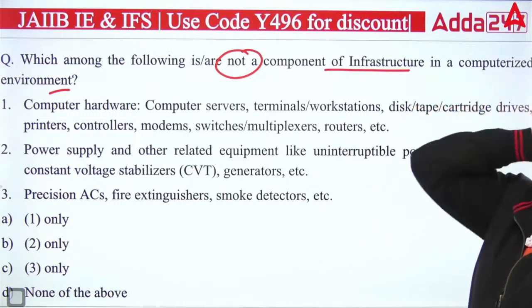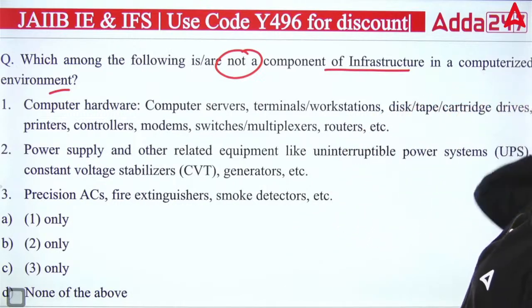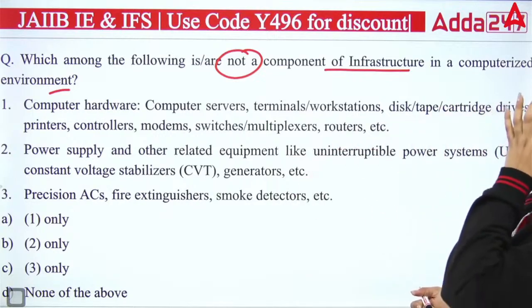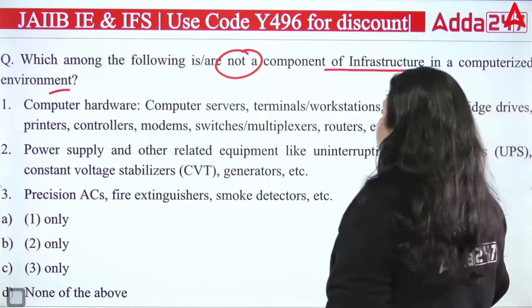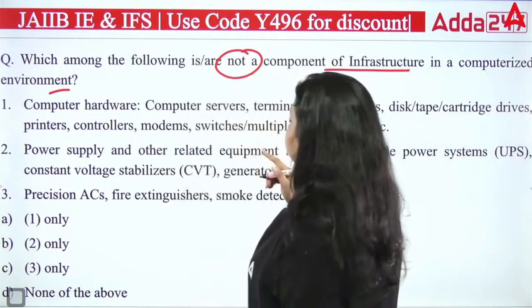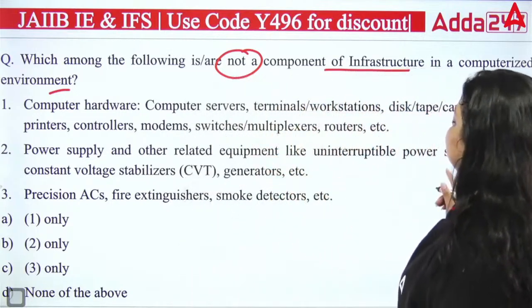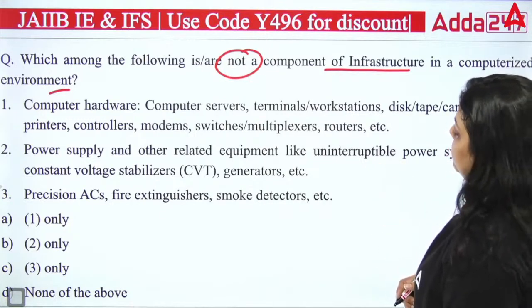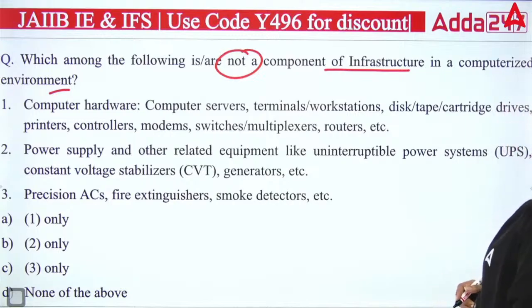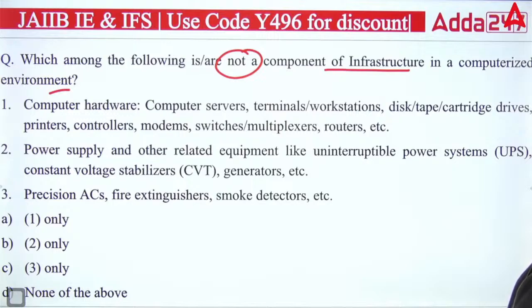First is saying computer hardware like computer servers, terminals, workstations, desktops, cartridge drives, printers, controllers, modems, switches, multiplexers, routers. Second is saying power supply and other related equipment like uninterruptible power system, constant voltage stabilizers, generators. And the third is saying precision AC, fire extinguishers, smoke detectors.